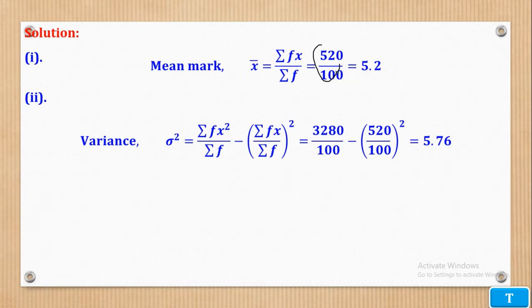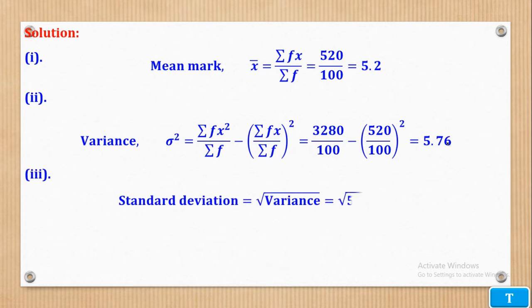This mean here is what you put here and you square it to come up with this value as your variance. Then next they also ask for standard deviation. You already know standard deviation is square root of variance, so square root of this will give me 2.4.